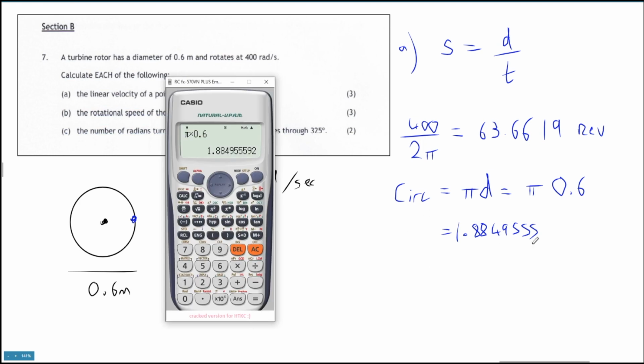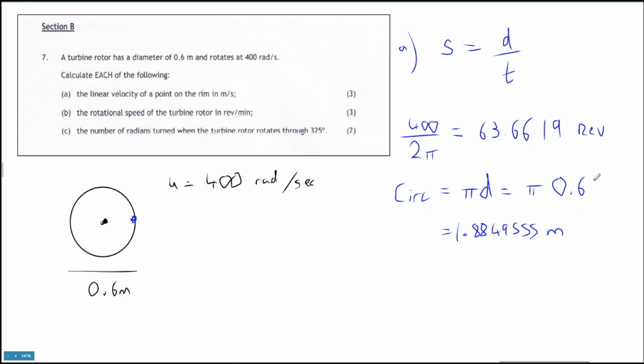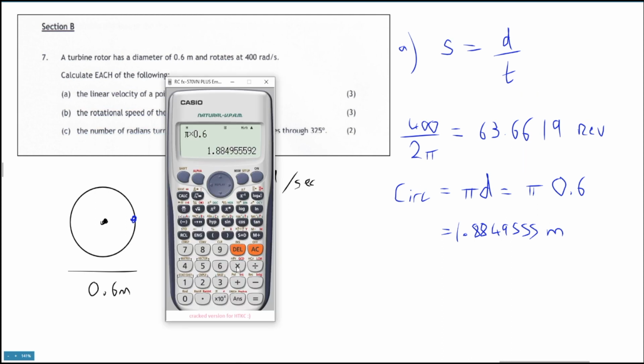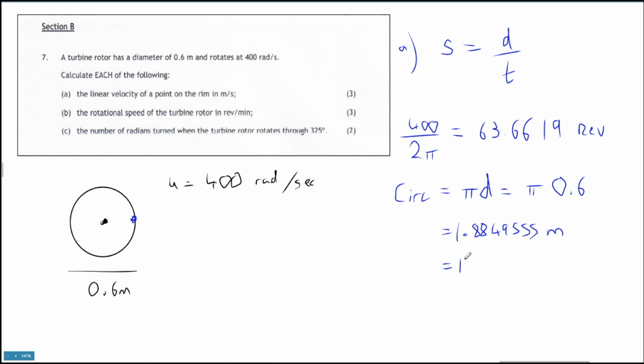That's the distance this thing is traveling, and it's doing that 63 times every second. So we can times it by 63.6619 to find the total distance traveled every second. You can see it's 119.9999, which is basically 120 meters. So let's just call that 120 meters.